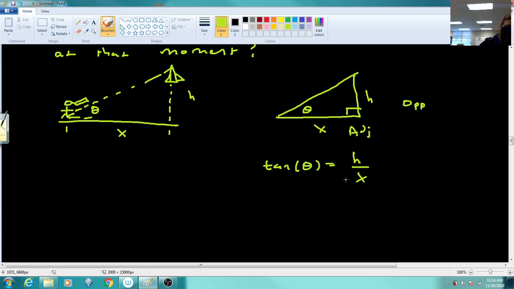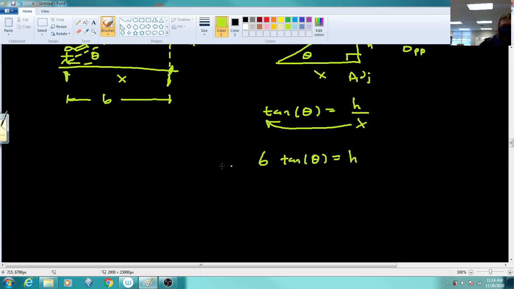So we multiply x across and replace it with a 6 and get 6 tangent theta equals h, because the horizontal distance of 6 doesn't change in the problem. The height changes, the angle changes, but the person stays this far away from the vertical launching point the whole time. So here's our equation.